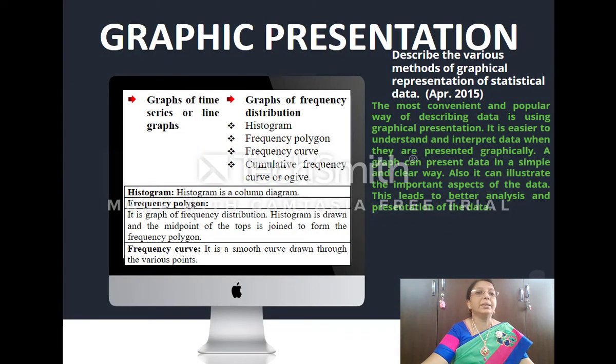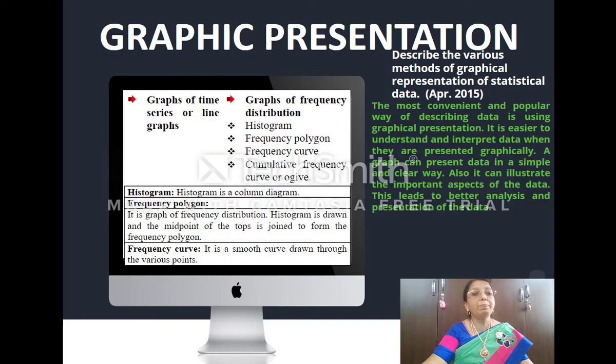Now, in graphic representation, you have graphs for time series or line graphs, and you have graphs for frequency distribution. For frequency distribution, there is the histogram, frequency polygon, frequency curve, and the cumulative frequency curve or the ogive. Histogram, we already saw, is a column diagram. For the frequency polygon, I said, when the midpoints of the top of the histogram are joined with a straight line, it's a frequency polygon.